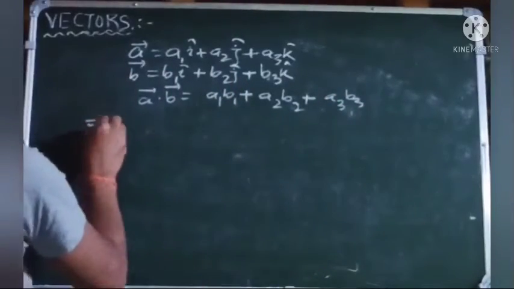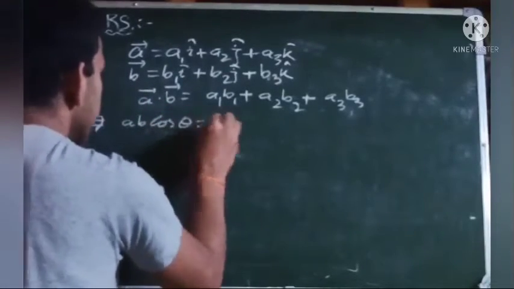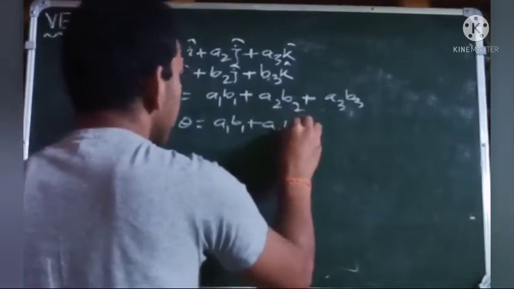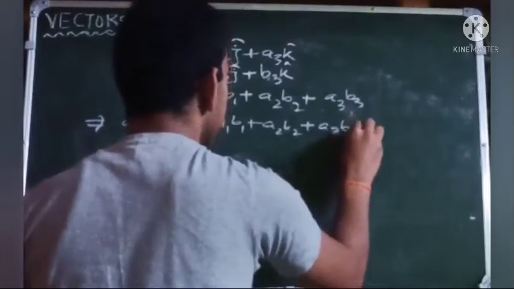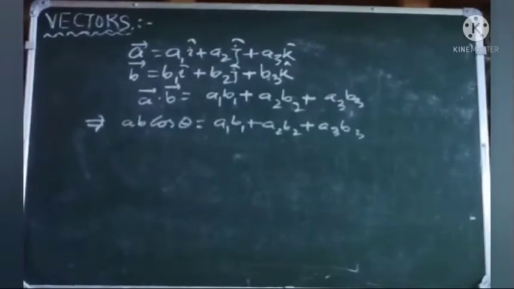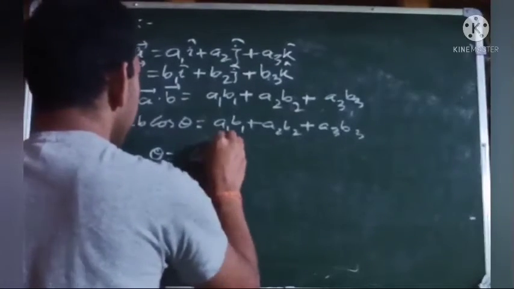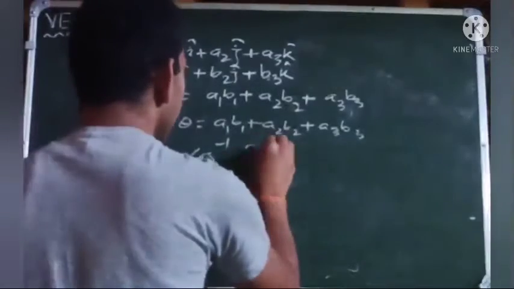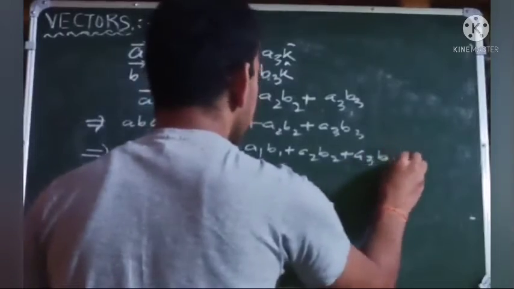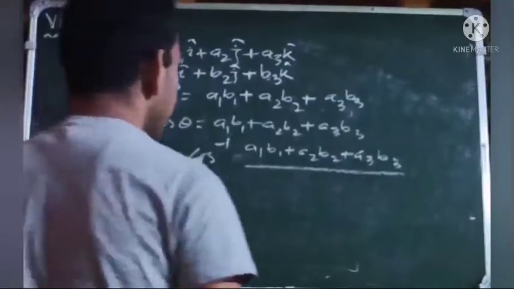Now here we have this is ab cos theta is equal to a1 b1 plus a2 b2 plus a3 b3. Now here a represents the magnitude of a vector and b represents the magnitude of b vector. So we have theta is equal to cos inverse of a1 b1 plus a2 b2 plus a3 b3 divided by magnitude ab, that is magnitude of a multiplied with magnitude of b.